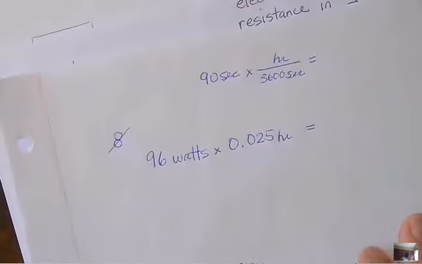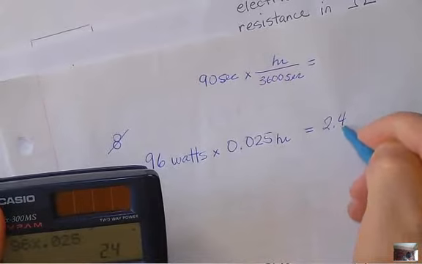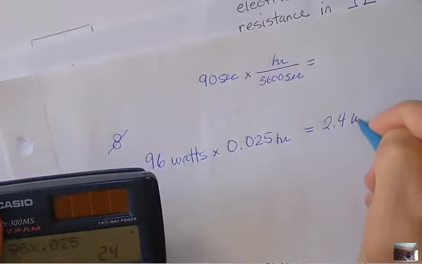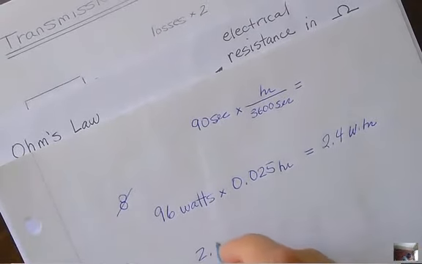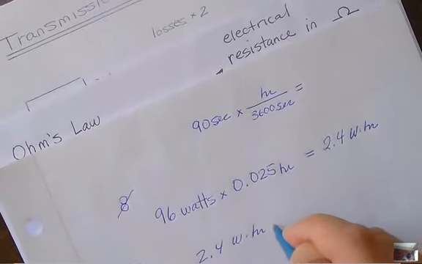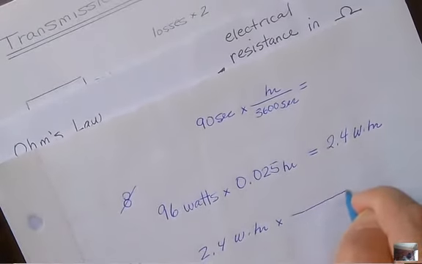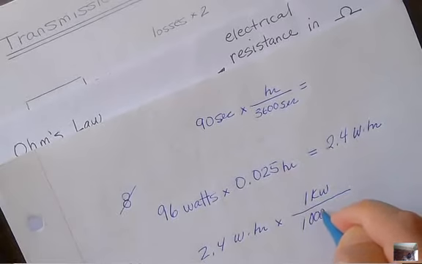Then just change to kilowatt hours. So 96 times 0.025, looks like I'm going to get the same answer, gives me 2.4 watt hours. And if I want kilowatt hours, I have 2.4 watt hours times, in every 1 kilowatt, there are 1,000 watts.